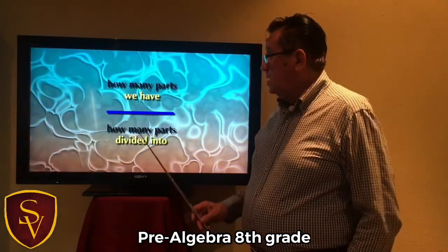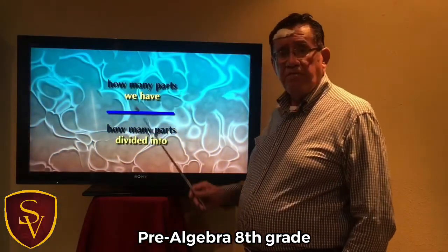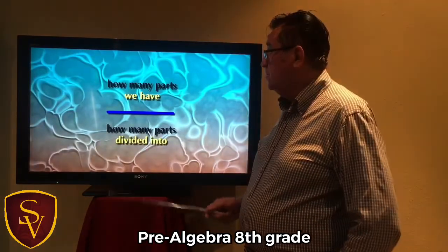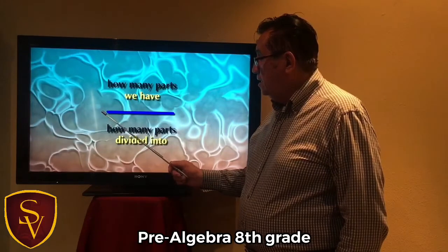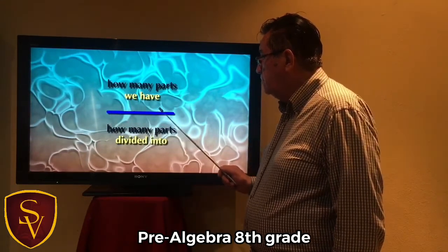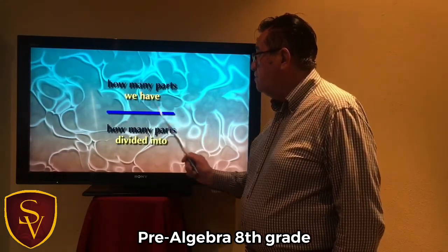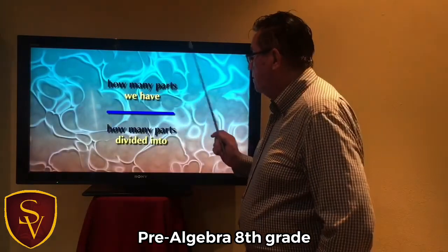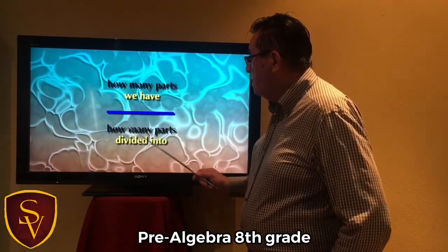Okay, as we can see, a fraction is a mathematical representation of a number in which a line is used to define in how many parts we have divided a whole, and how many parts have been taken.